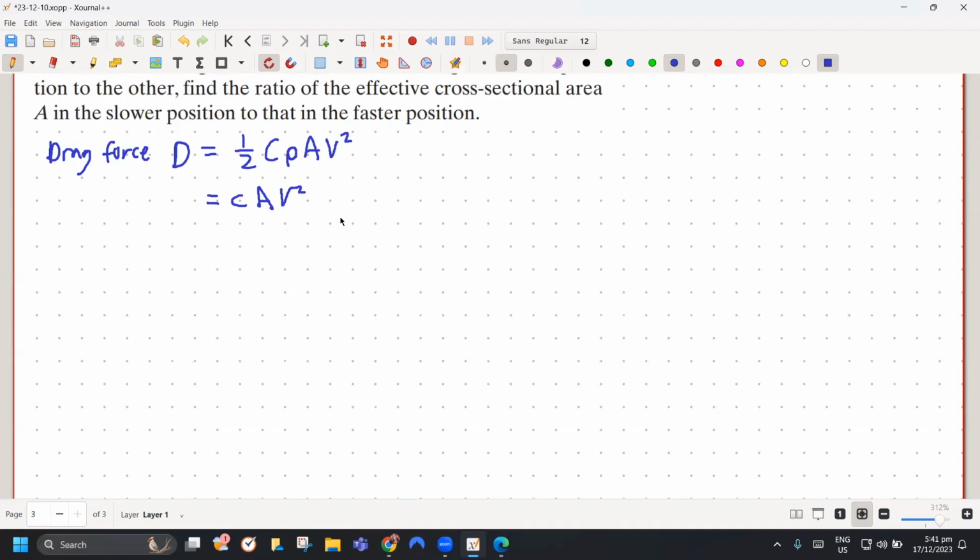K, KAV squared. Now, from Newton's second law, for terminal velocity, 0 equals drag, which is upward, minus mg.